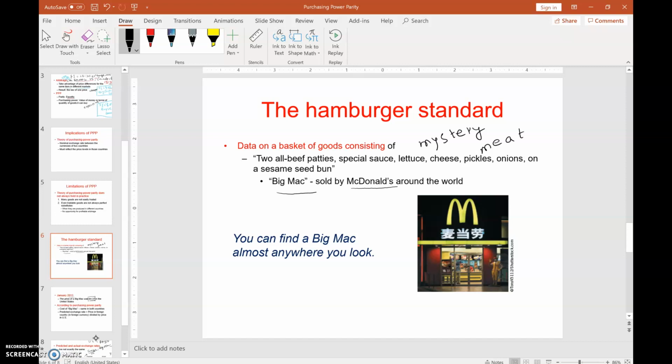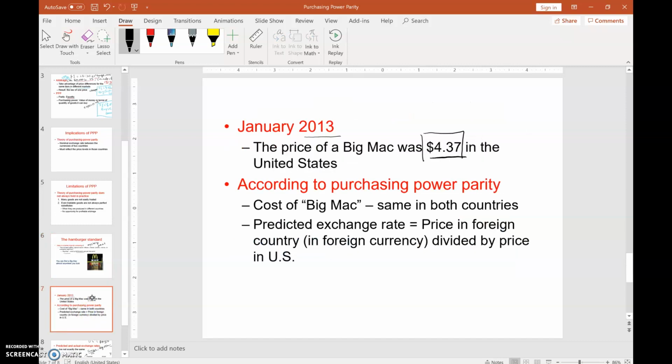You can find a Big Mac no matter which part of the world you go to. I feel like including Antarctica. Just kidding, I'm not sure if you can find a Big Mac in Antarctica.